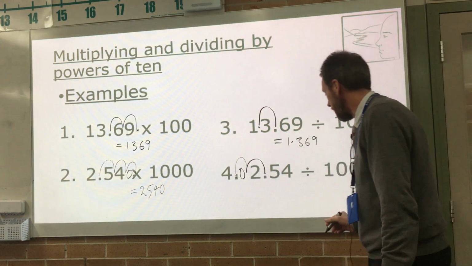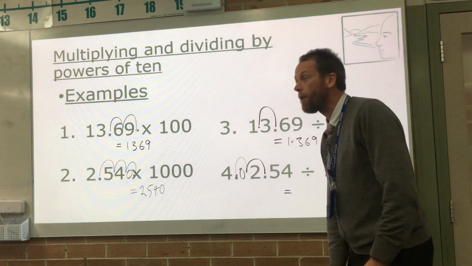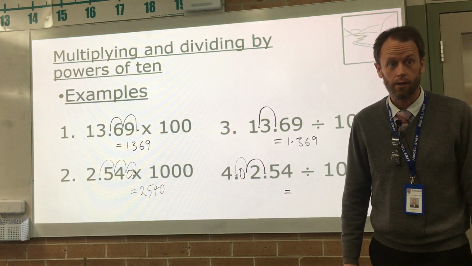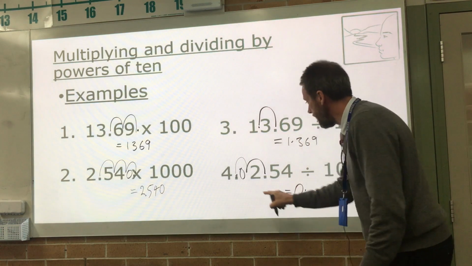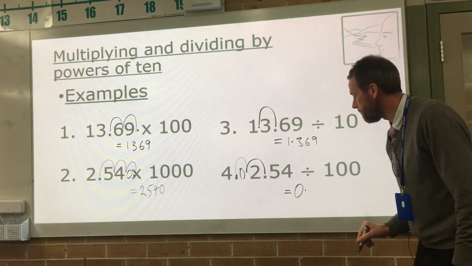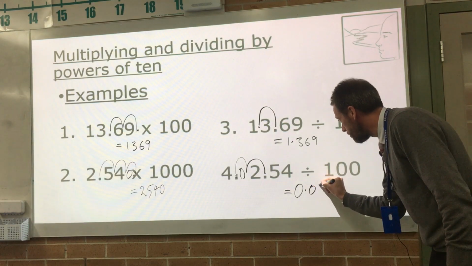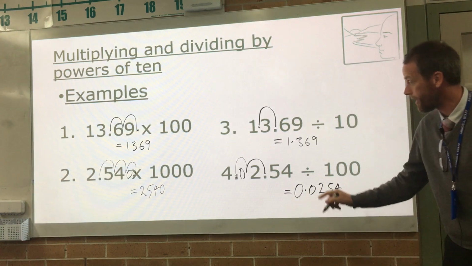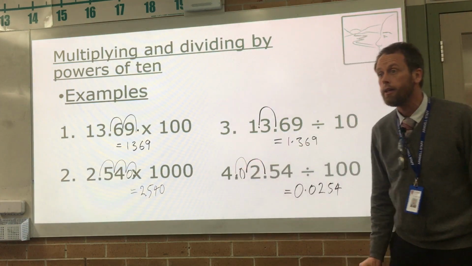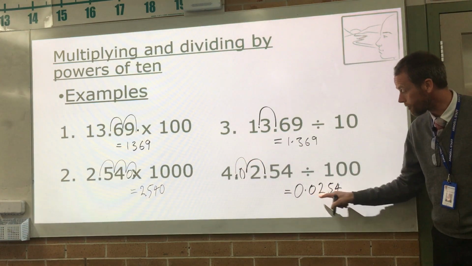So now you can write your answer, and I expect when you are writing this answer, you first put a 0, and then you need to put the 4 numbers that are now there, 0, 2, 5, 4. So we've actually moved our decimal point 2 places to the left to get that answer.